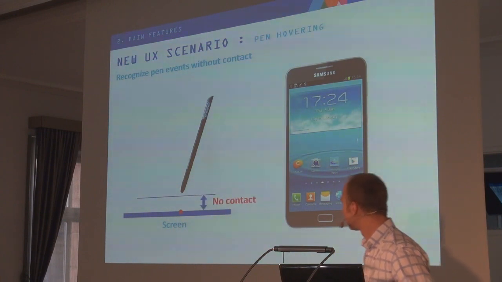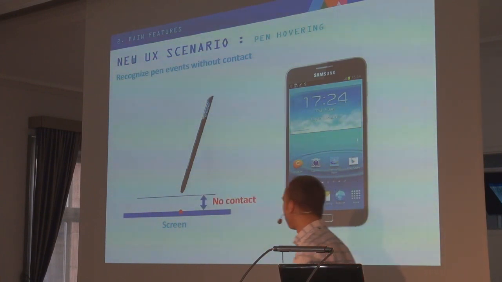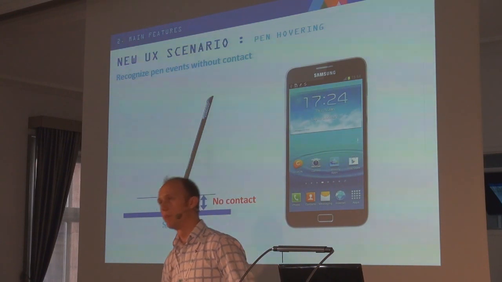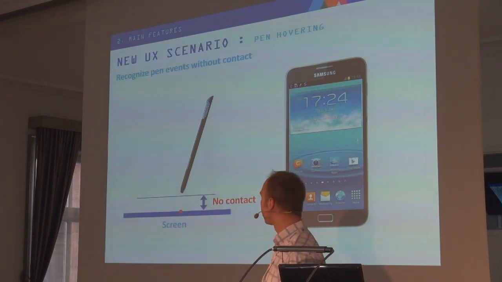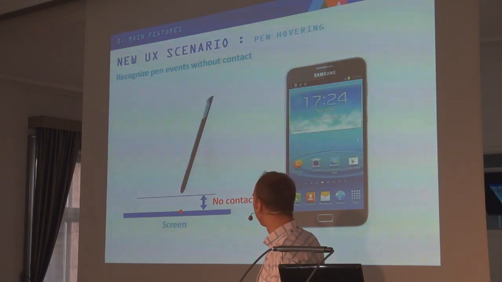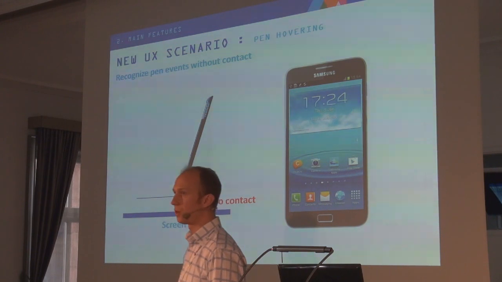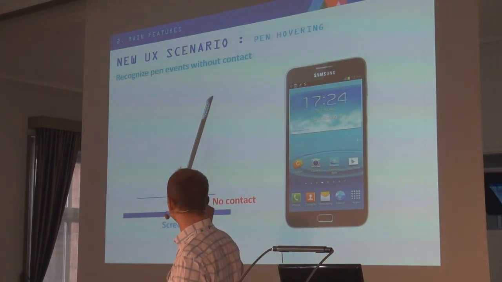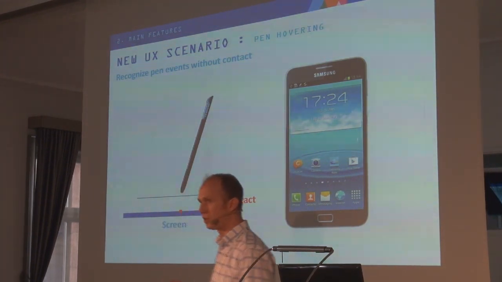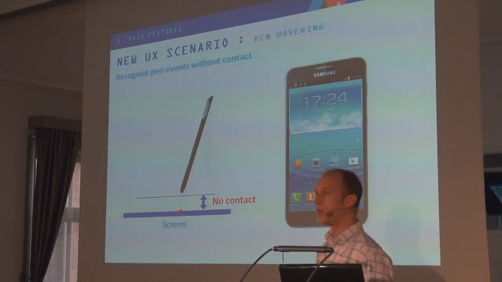The new thing that I was talking about, which may give you new possibilities, is the hover mode. The S Pen is made in such a way that it uses an electromagnetic field, so it can detect the pen even if it's not touching the screen.